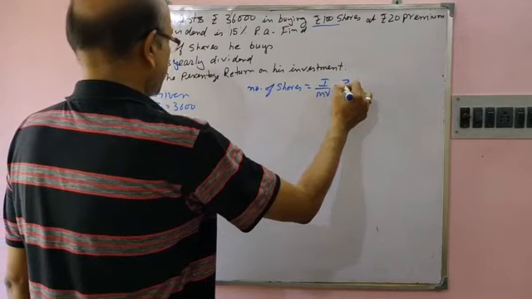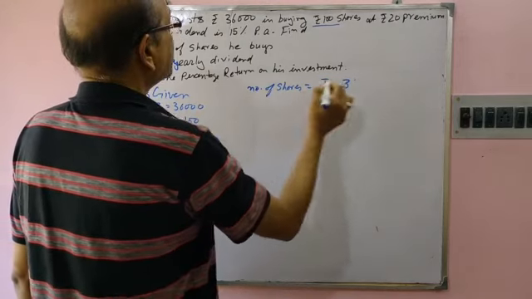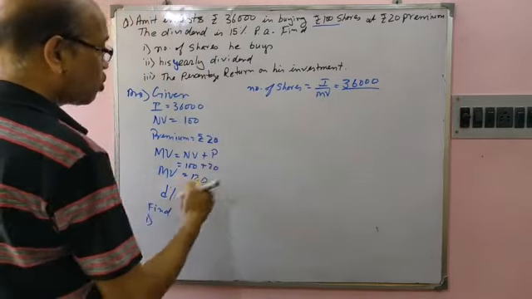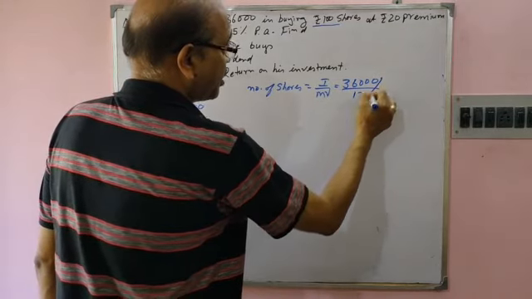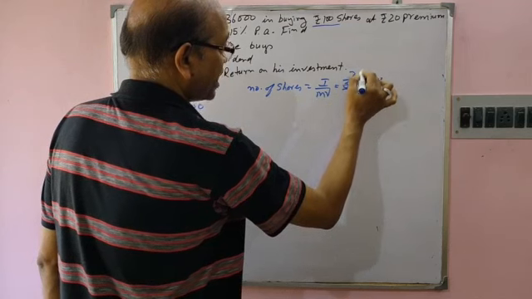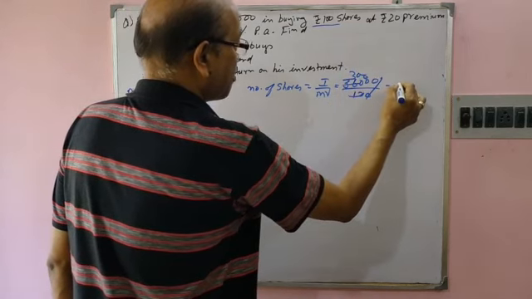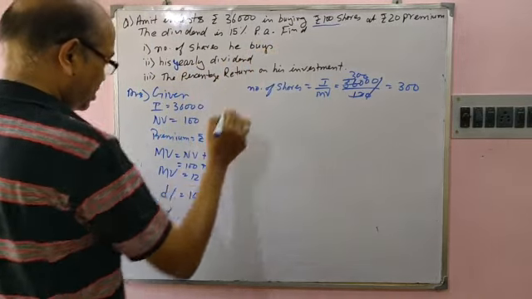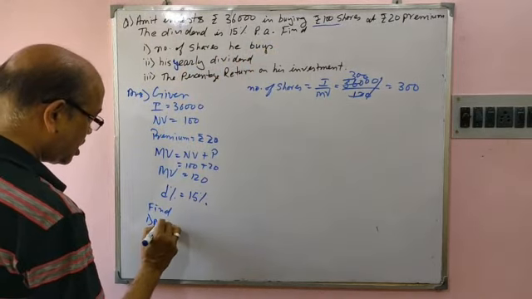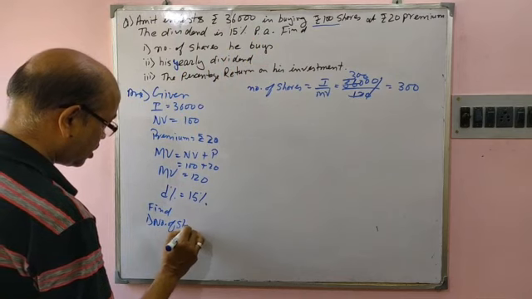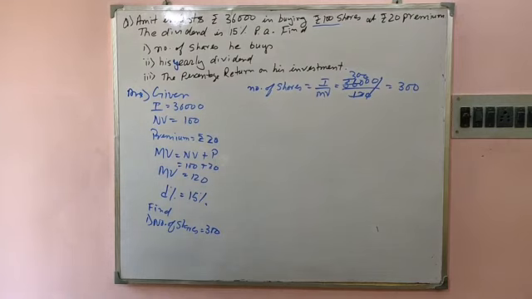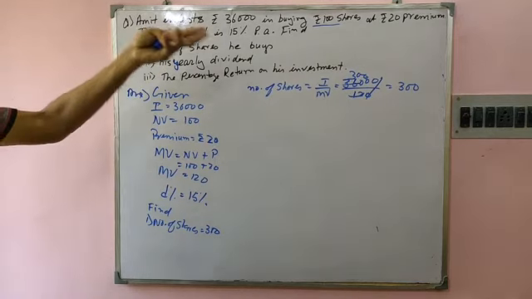Investment was 36,000 by market value was 120. 12 threes are 36,000. Therefore, number of shares is 300. Okay. His yearly dividend.